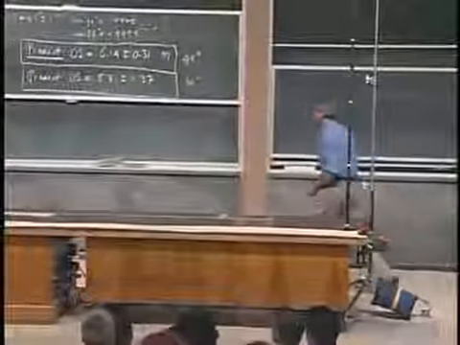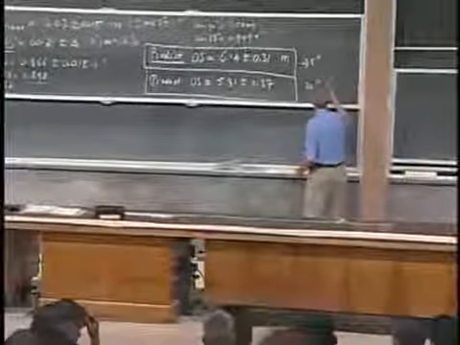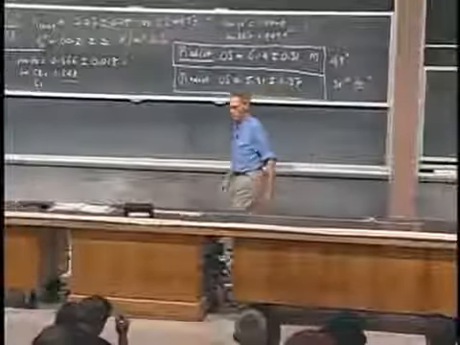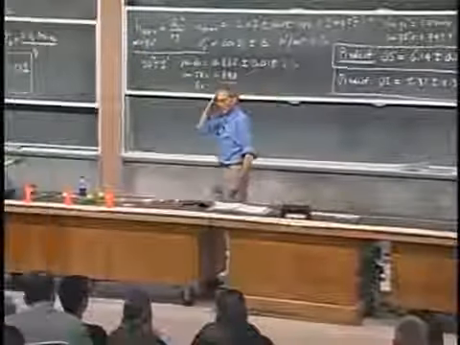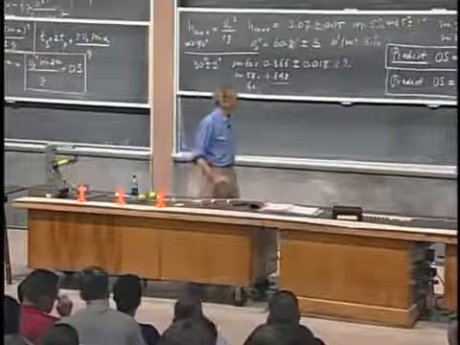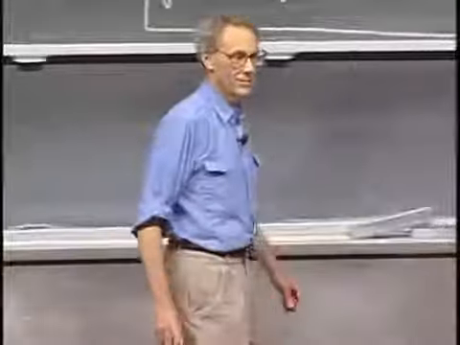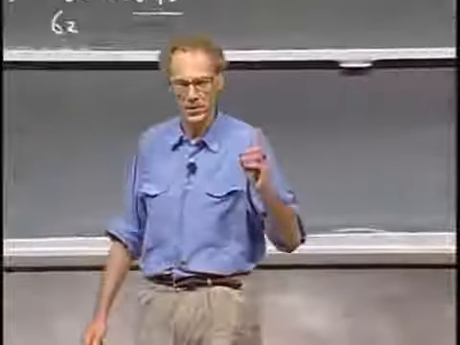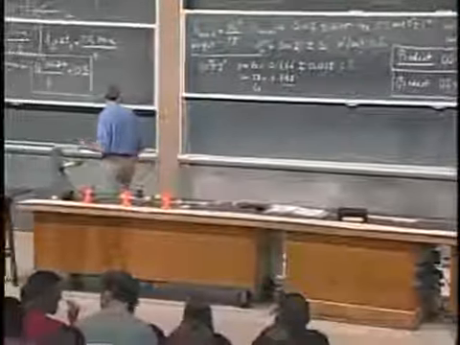Suppose now I repeated this experiment at 60 degrees. What will change? Will OS change? No, because the sine of 120 degrees is the same as the sine of 60 degrees.